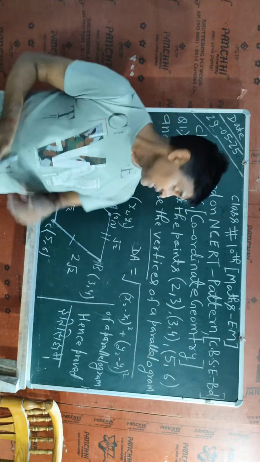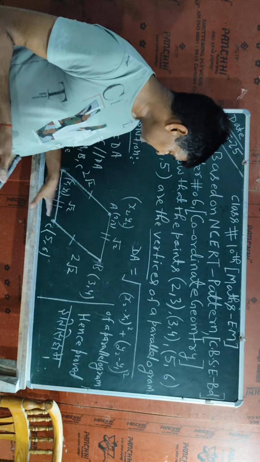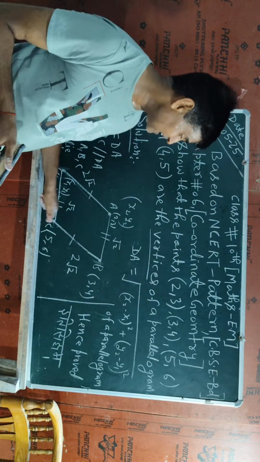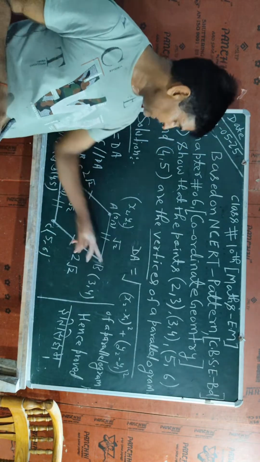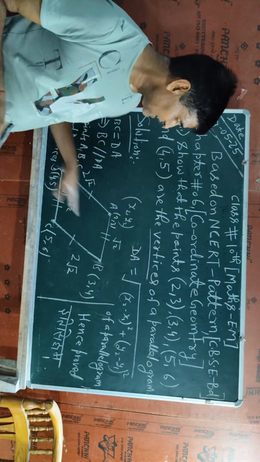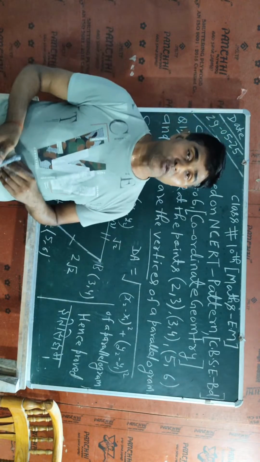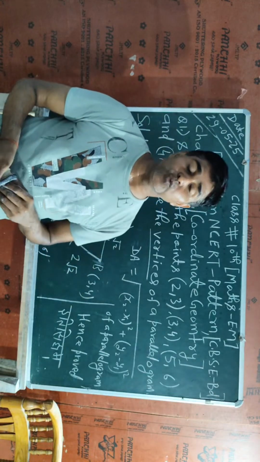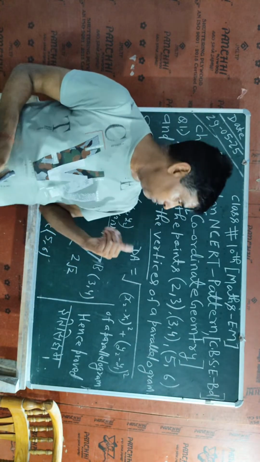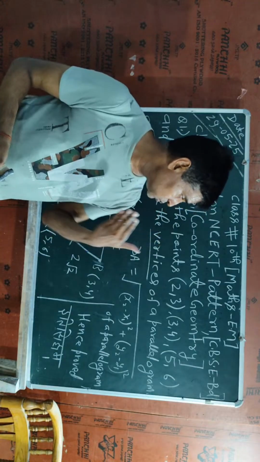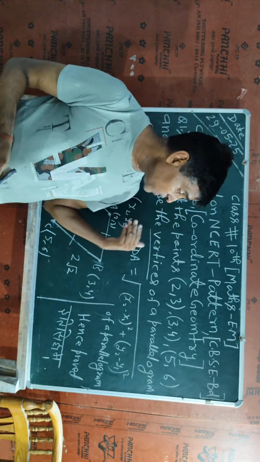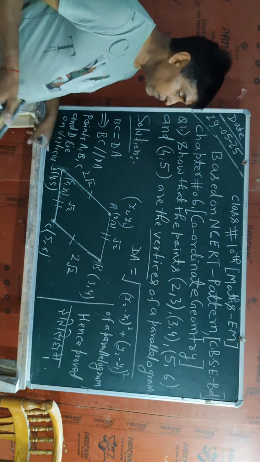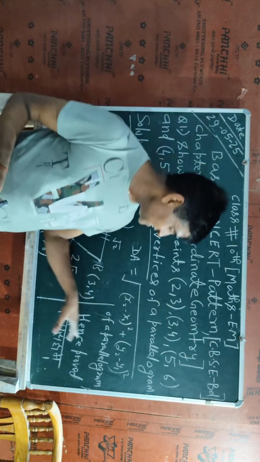It means that if this length and this length are equal, and this length is equal to this length, this is possible if this line is parallel to this line, and this line is parallel to this line. So according to the distance formula, these 4 points given in the question lie on the vertices of the parallelogram. Therefore, hence proved.